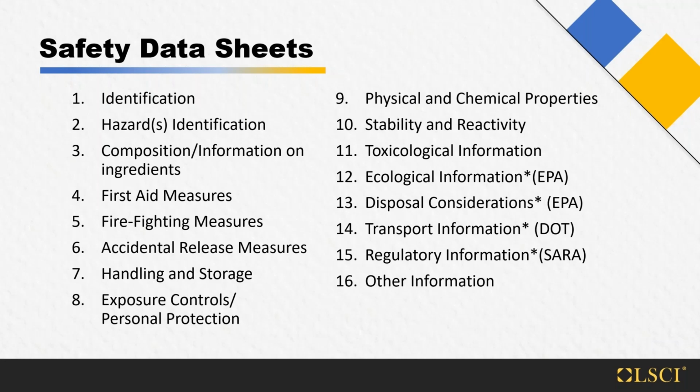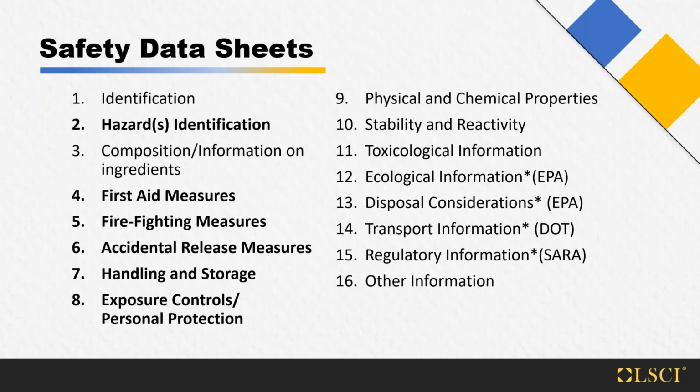In addition, information must be provided on the physical and chemical characteristics of the hazardous chemical, known acute and chronic health effects, exposure limits, recommended protective measures, emergency and first aid procedures, and lastly, identification information of the organization responsible for preparing the sheet, such as their name, address, and telephone number. Ensuring that employees have access to up-to-date safety data sheets helps to promote workplace safety and regulatory compliance.